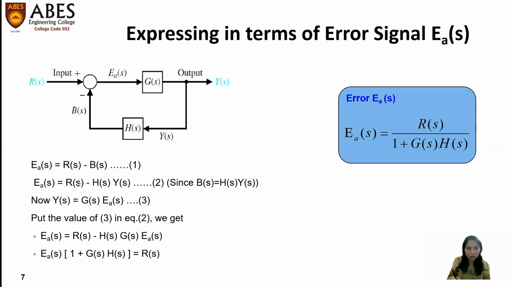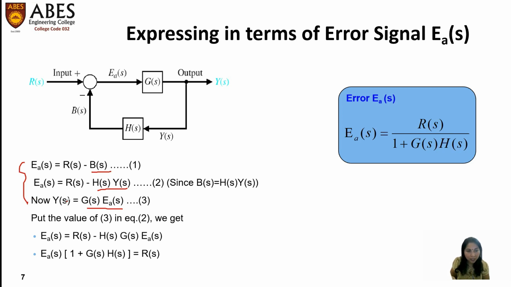Now ES is equal to RS minus, what we will substitute here in place of BS? BS is this product of HS into YS. So we will substitute here BS as HS into YS. Now, what is YS? YS is nothing but GS into ES. So here I have written GS into ES. Again, these three equations are same, which I have written while deriving the transfer function of negative feedback system in the previous slide.